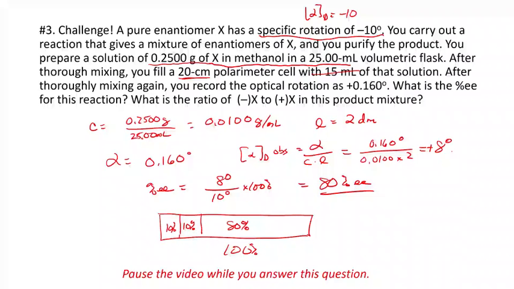And that means that what we have of the one enantiomer is 90% of the minus enantiomer to 10% of the plus enantiomer. So the ratio is 90 to 10, or 9 to 1. There you go. Yeah, these are a little tricky.